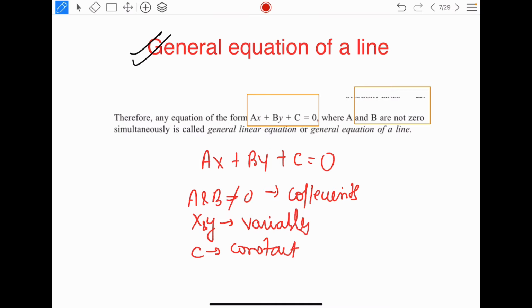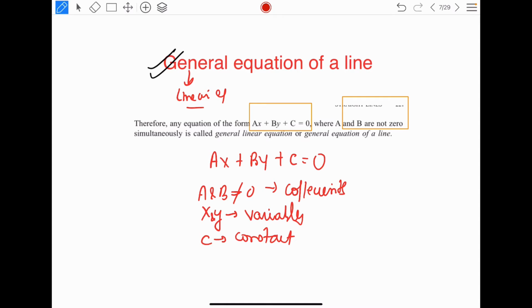So just like a linear equation ax plus by plus cz is equal to 0, here there is no z: ax plus by plus c is equal to 0, where a and b are the coefficients and c is just a constant. So just remember this using your linear equations. One important thing: a and b are not 0.